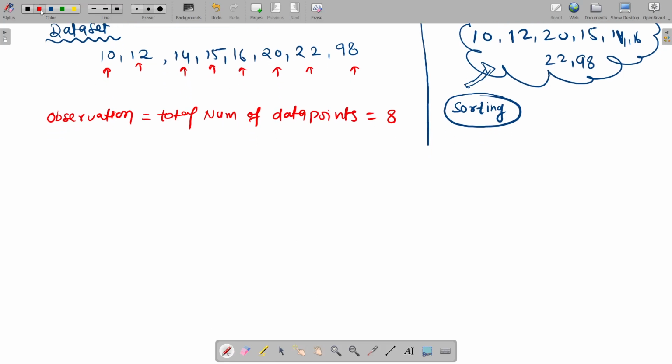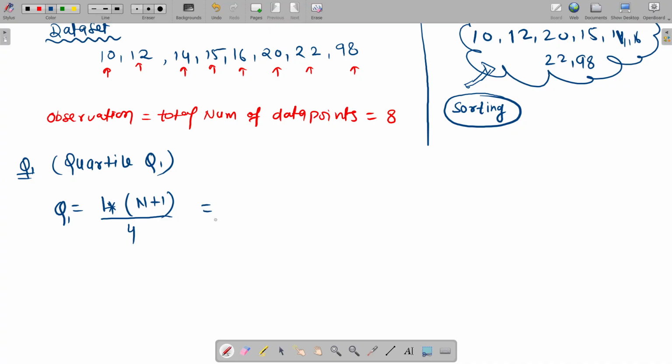After that we calculate Q1. Q1 means quartile 1. For the calculation of quartile 1, we use a very simple formula: Q1 equals 1 into total number of observations plus 1, divided by 4. Suppose I add one more data point here, 100, so in total we have 9 observations.